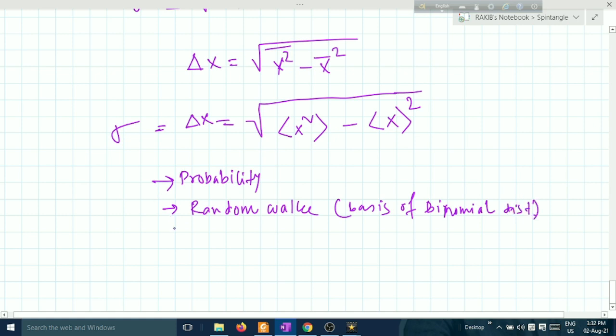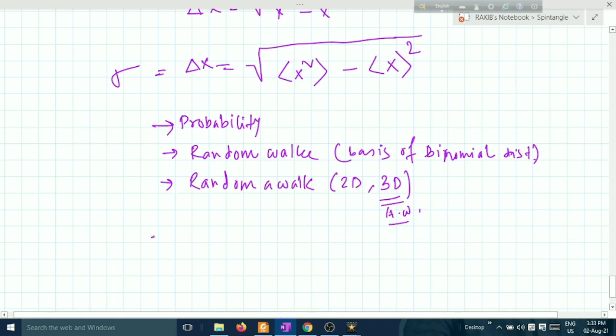Today we did random walk in the 2D and 3D cases. I have given homework on the 3D case; please comment below on the random walk. And what we have done is mean, deviation, dispersion, and standard deviation.